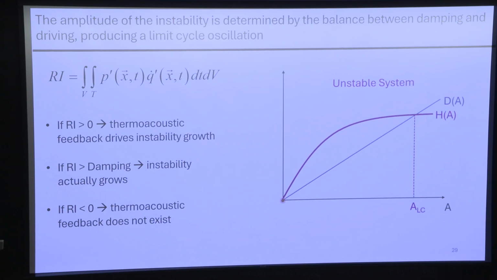But if I put an infinitesimally small perturbation to this system and poink, send it up a little bit, now my driving is higher than my damping and the system amplitude will grow. But now if I sit at this other fixed point and I poink, hit it to the right, now the damping's higher than the driving and it's going to drive the system back to the left. And if I hit it poink to the left, now the driving's greater than the damping and it's going to push it back to the right.